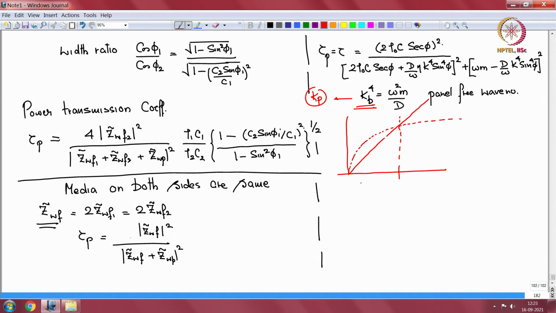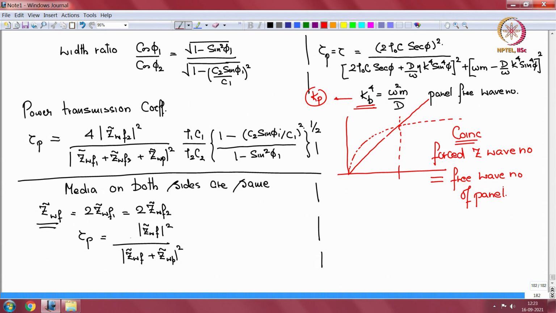Now coincidence. What is coincidence now? It is the forced z wave number being equal to the free wave number of the panel. That is coincidence.